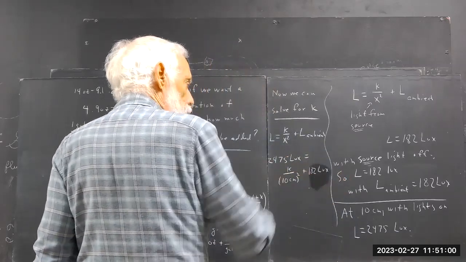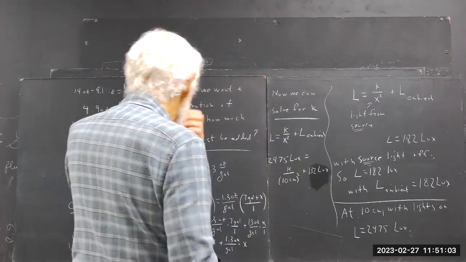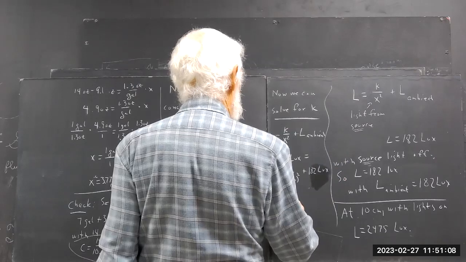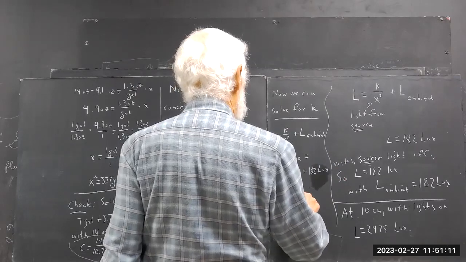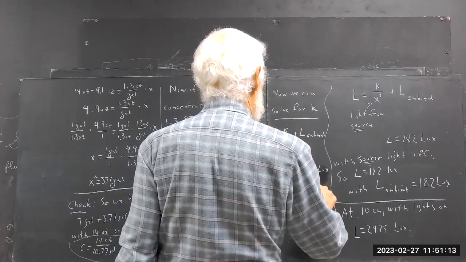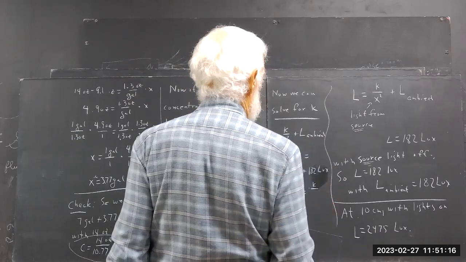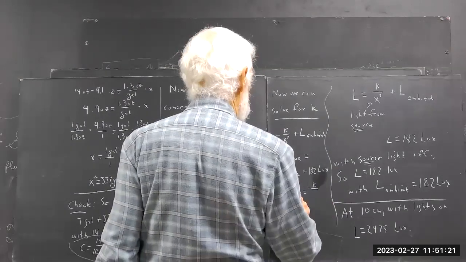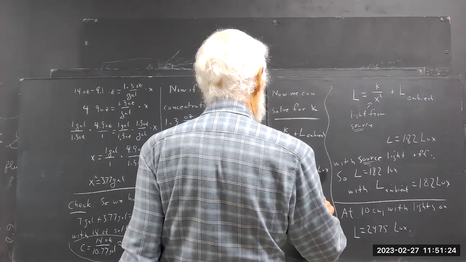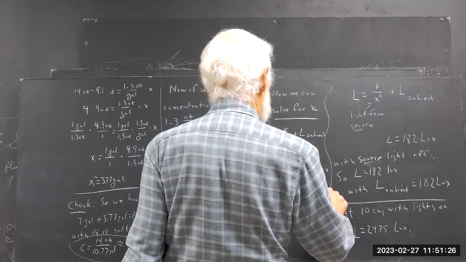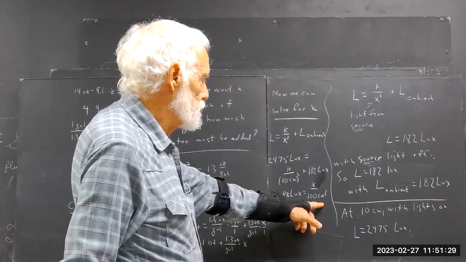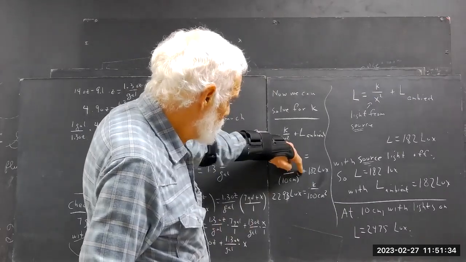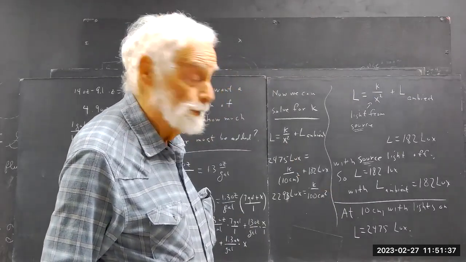So we can subtract the 182 lux from both sides. And we get 2293, and it'd be over 100 centimeters squared, because the whole 10 centimeters gets squared, so the centimeter also gets squared.